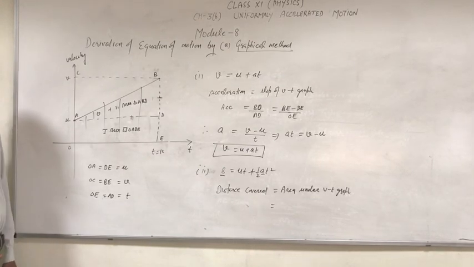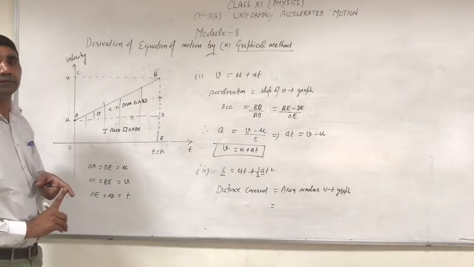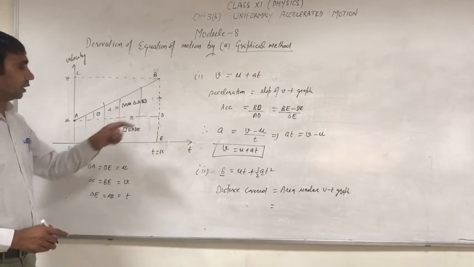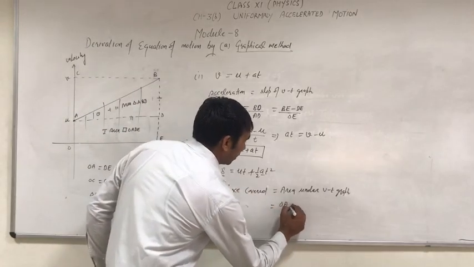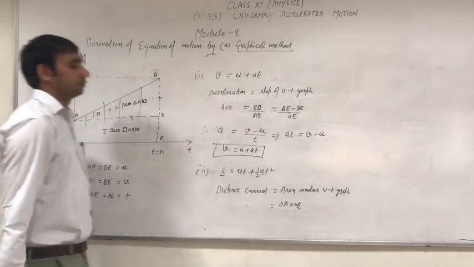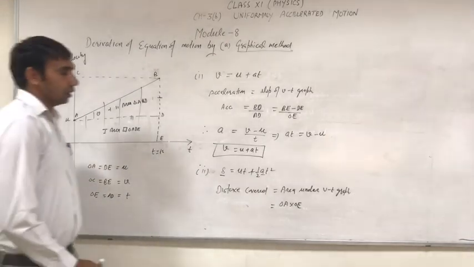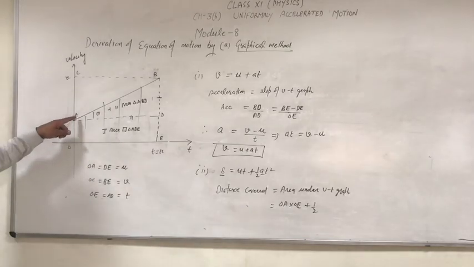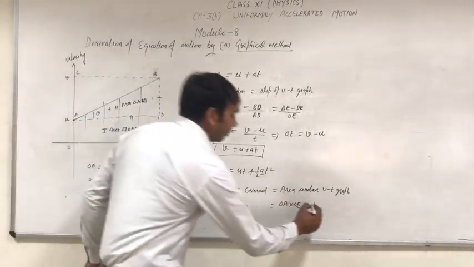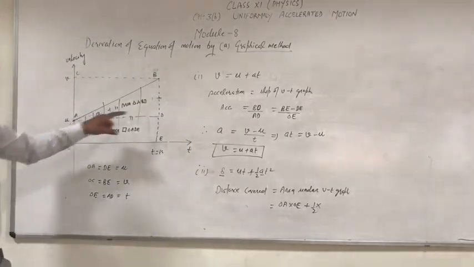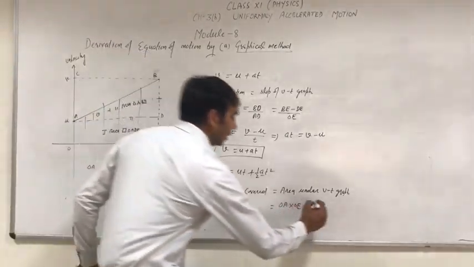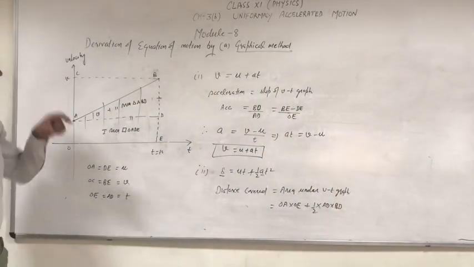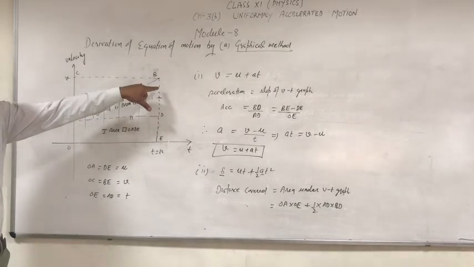Area of rectangle is OA multiplied by OE, plus area of triangle, which is equal to 1 by 2 base, that is AD, multiplied by BD. That is, 1 by 2 base into height.